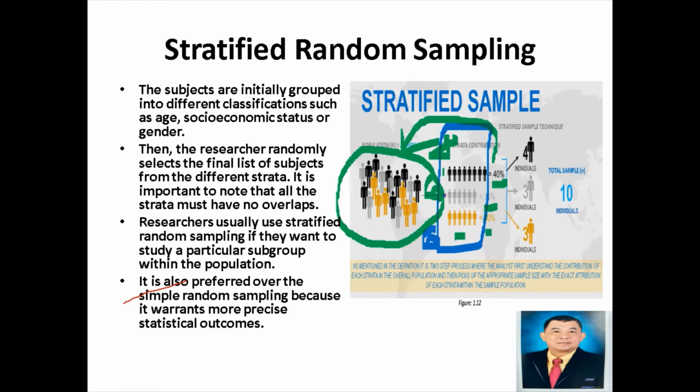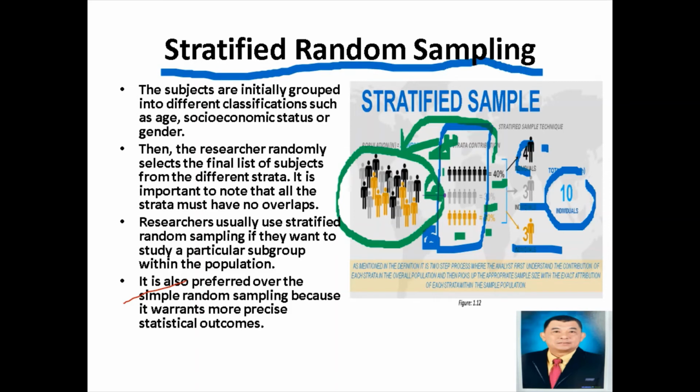Here, okay, so we get, for example, the black ones, we have 8. We get 50% of 8, we have 4. 50% of 6, we get 3. And 50% of 6, we have 3. So the total of the sample size is 10 using stratified random sampling.